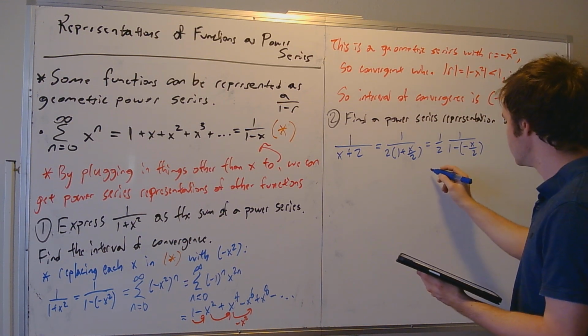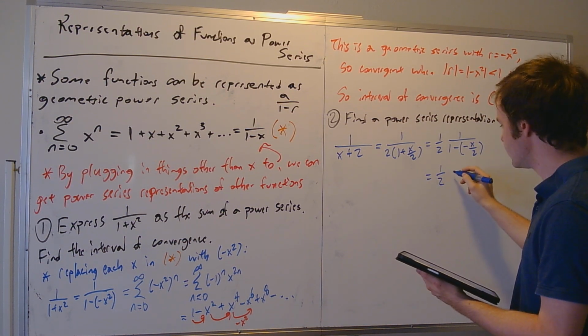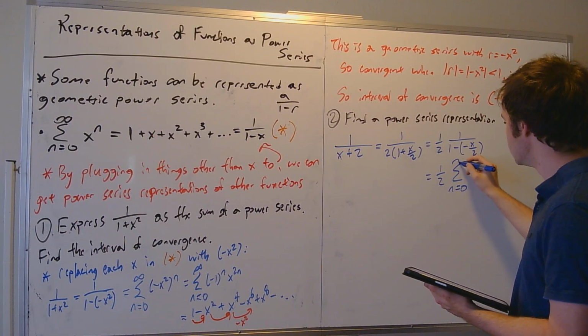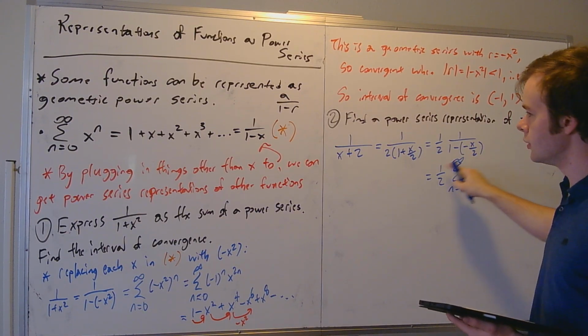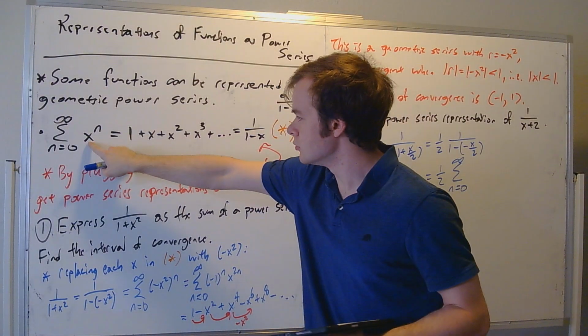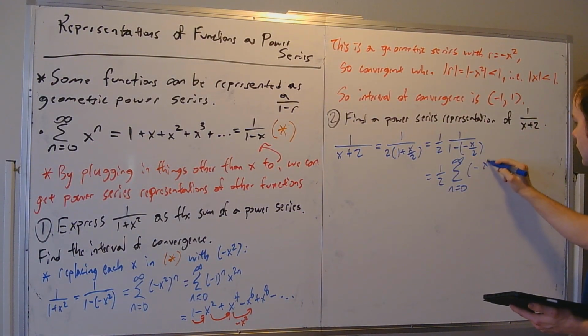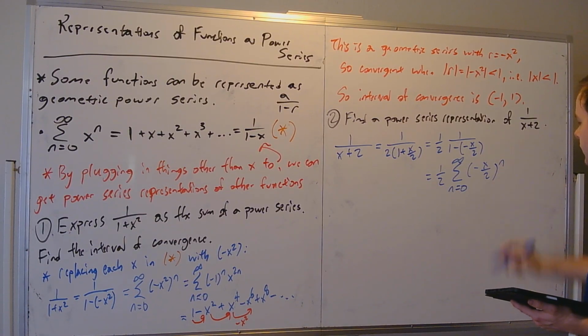So we can rewrite this as 1/2 times the sum from n equals 0 to infinity, where this was x to the n, we replace that x with this thing here. So we're going to have negative x over 2 to the power of n. And now we can just rewrite this.